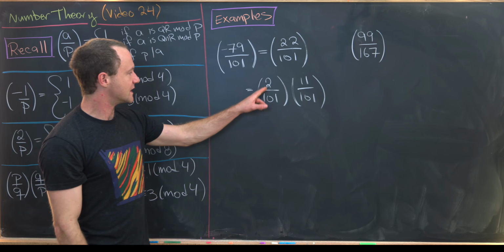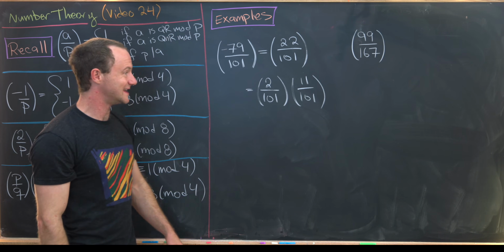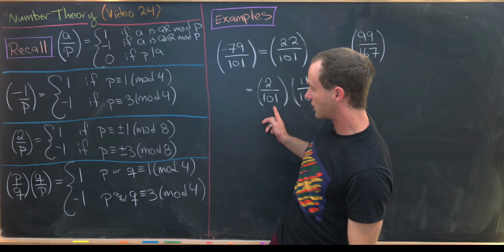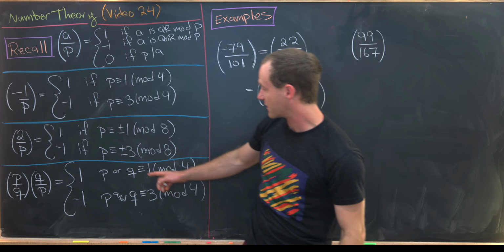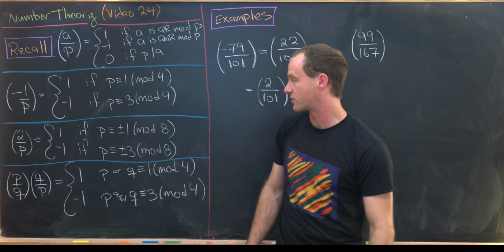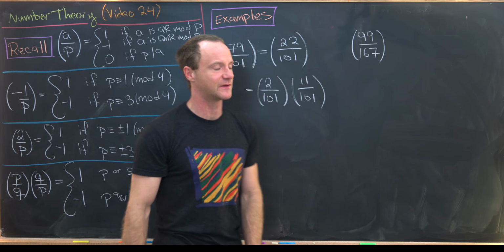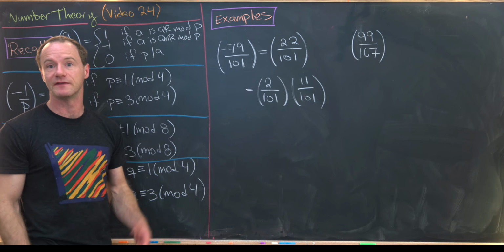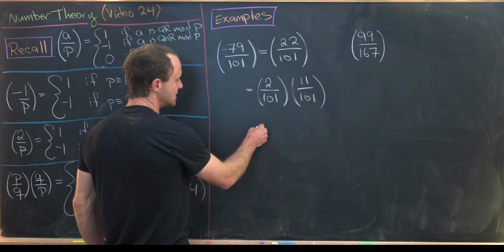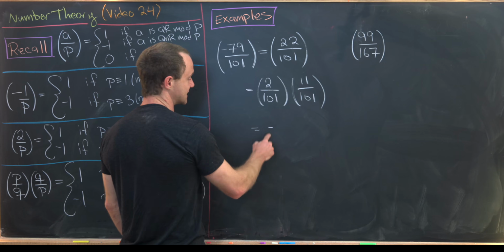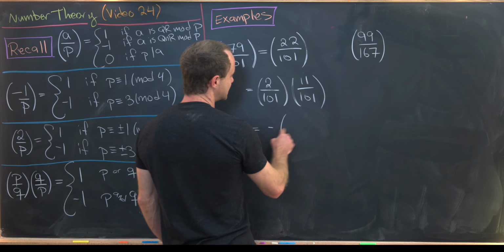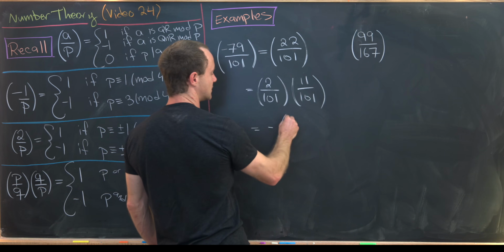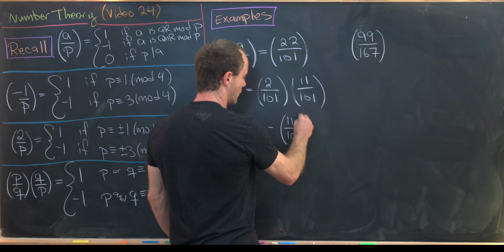Now we know that 2 by 101 is equal to -1, because 101 is either plus or minus 3 mod 8. I'll let you figure out exactly which one it is: is it 3 mod 8 or 5 mod 8? That should be pretty easy to calculate. So here we know that this is -1, and I'll put minus times the Legendre symbol 11 by 101.